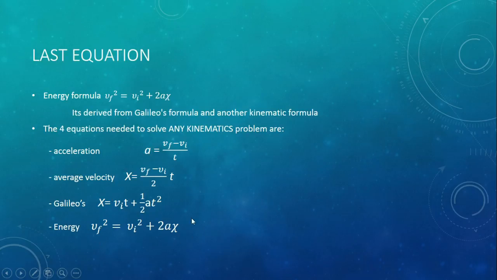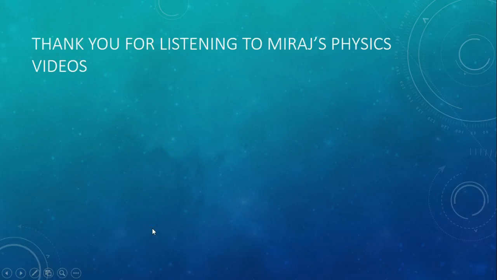And then the energy equation, which I just told you, is based off of a combination of these three top formulas. You don't really need it to solve kinematics problems, but instead of using two equations, you can just use this one.